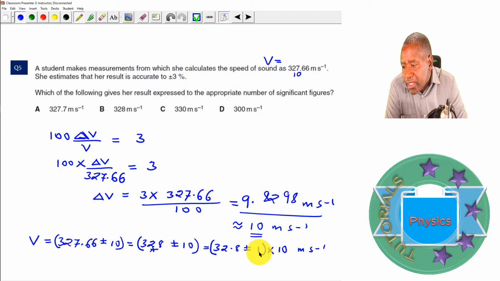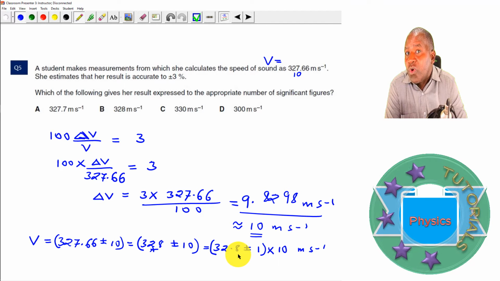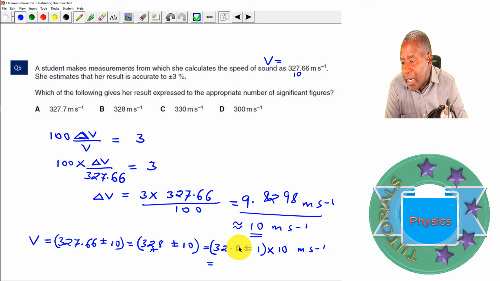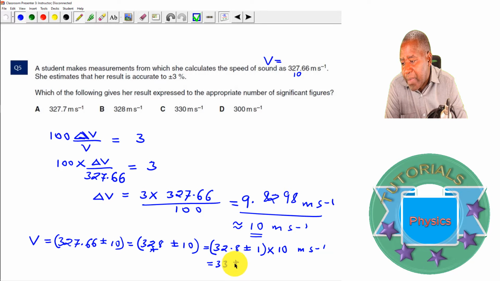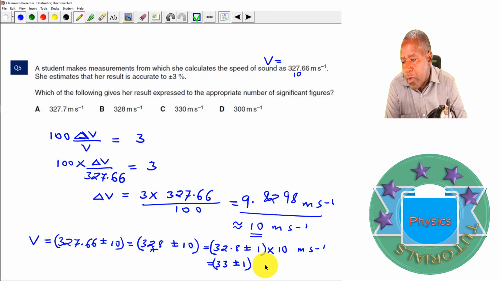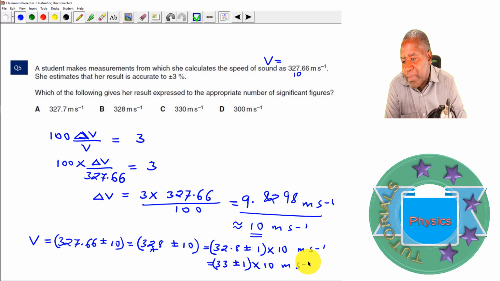So, since this one affects this digit, 8 is hardly worth writing down. So, we're going to round it up, and it becomes 33 plus or minus 1, all these by 10 raised to power 1 meters per second.